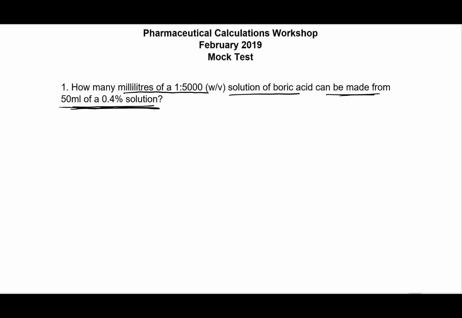That's our original or starting solution, and the strength of that is given. We have to make a 1 in 5,000 solution and find out the volume, how much of that solution will be made.